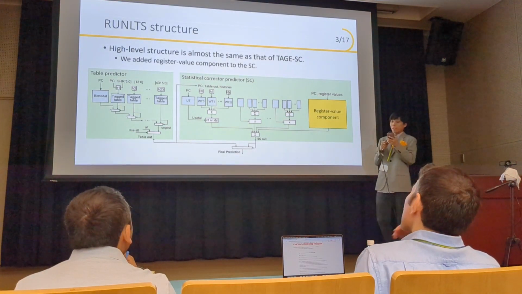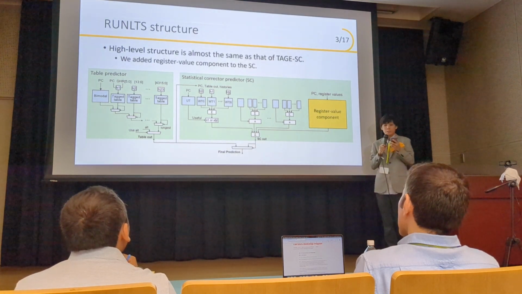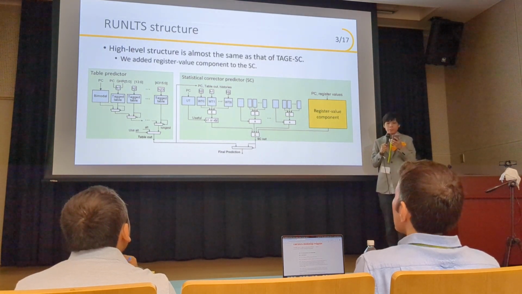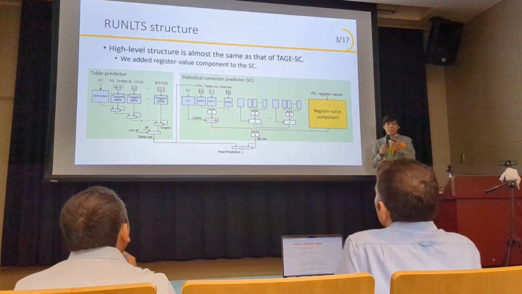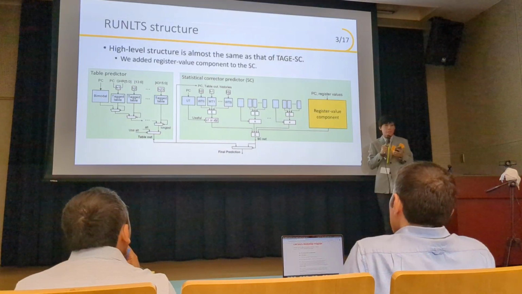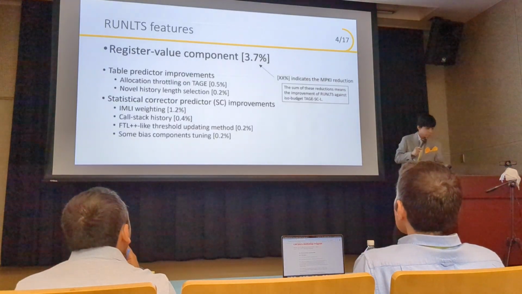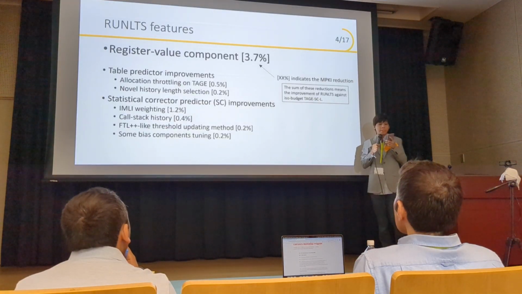RUNLTS keeps the TAGE structure, which includes the bimodal tables, tagged tables, and the statistical corrector, a kind of hybrid predictor. The other yellow register value components supply an additional partial sum. RUNLTS combines several orthogonal ideas.